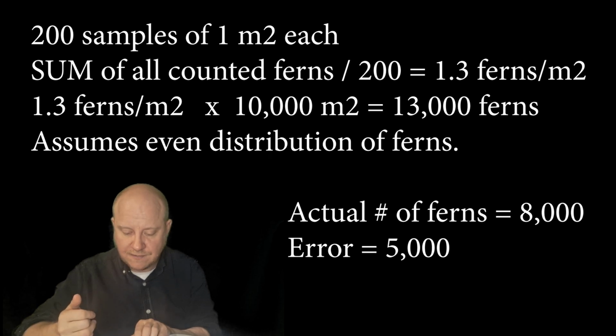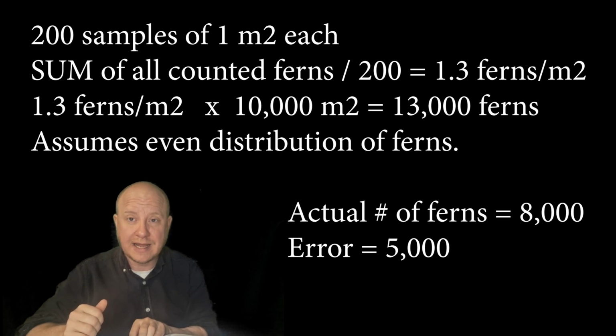But this assumes that the ferns are evenly distributed across the prairie. If there were actually only 8,000 ferns in the area studied, the sampling error would be quite large. 5,000 extra ferns were incorrectly estimated.